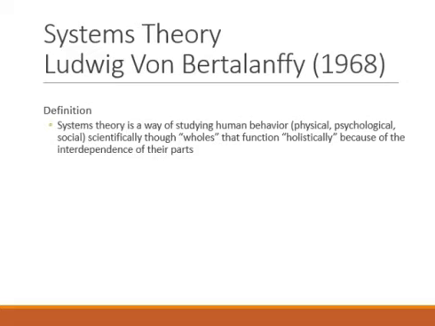So the first theory that we're going to talk about is the systems theory. The systems theory is an outgrowth of an innate intellectual process. Essentially, the human mind has a really difficult time comprehending large, complex entities as a single unit.